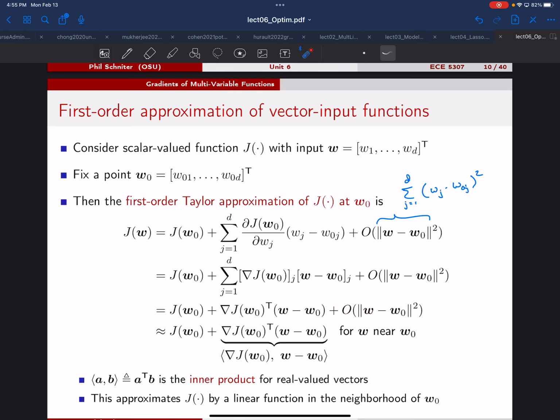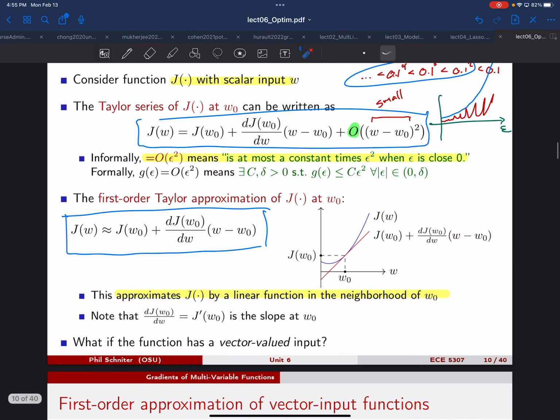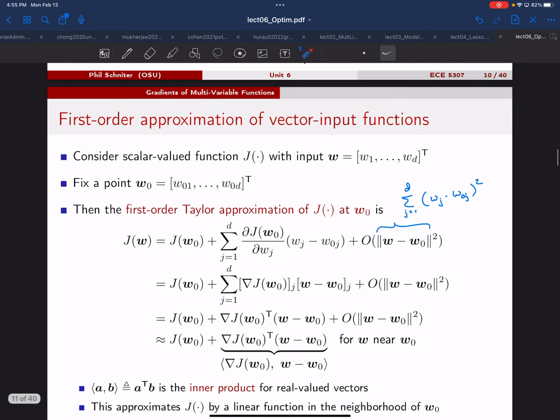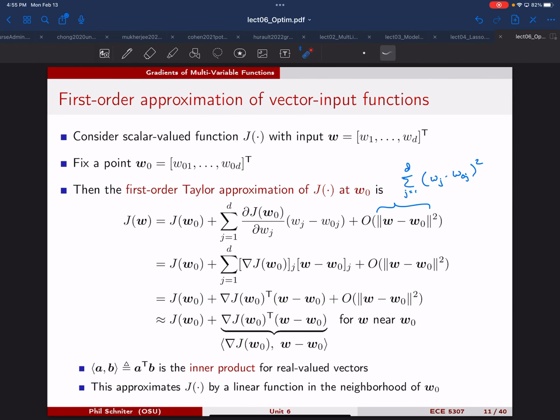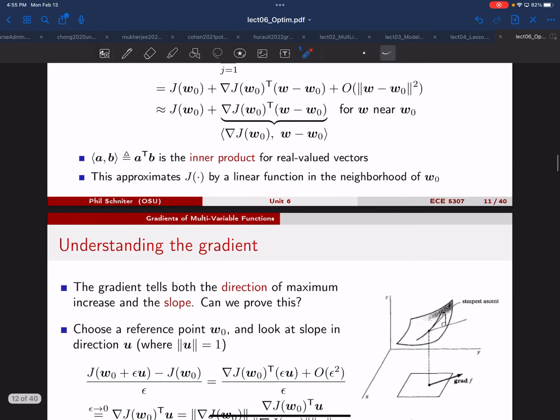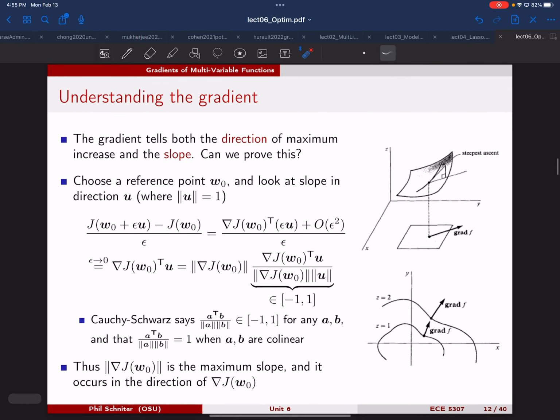So it's a way intellectually where we can simplify this complicated function and just say, you know what, I can think about that as just linear when I'm near this point, and then my life gets easier. So I can visualize, I can do all sorts of things with linear functions. Okay, any other questions on this page? All right. So now let's try to interpret the gradient a little bit more using the tools that we've developed.